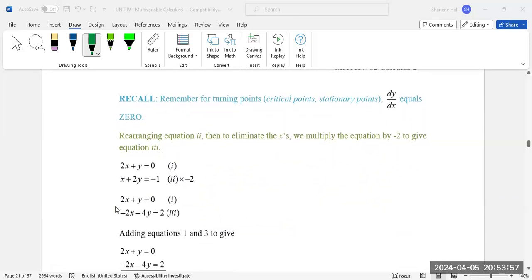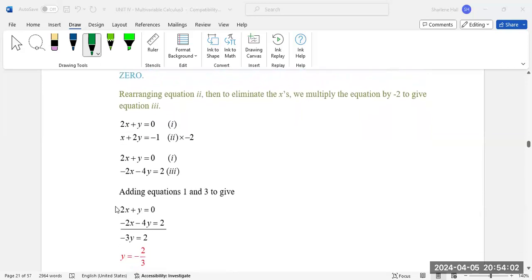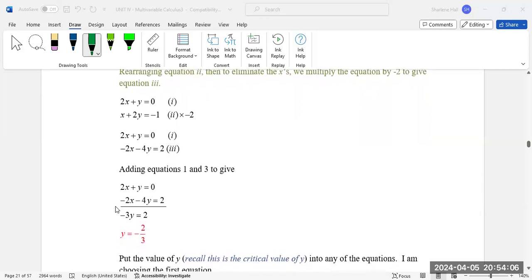Yes, I also multiplied equation 2 by 2. Did you get that? Yes, sir. The same thing, sir. All right, that's it. Any questions?